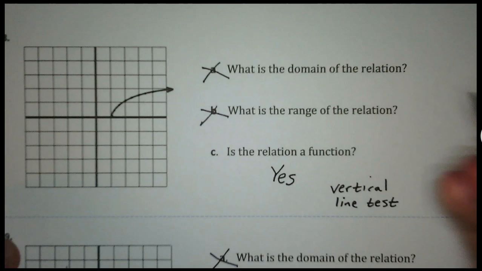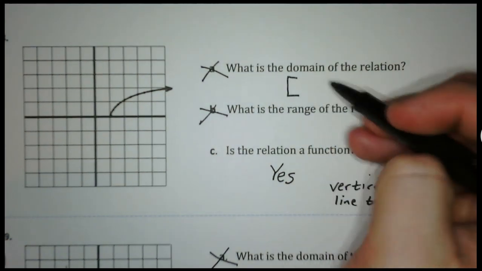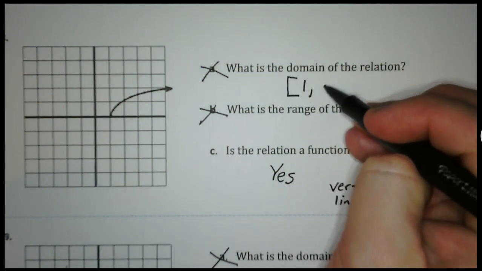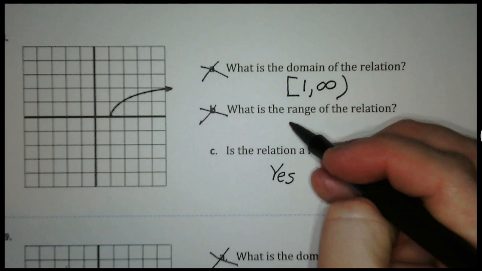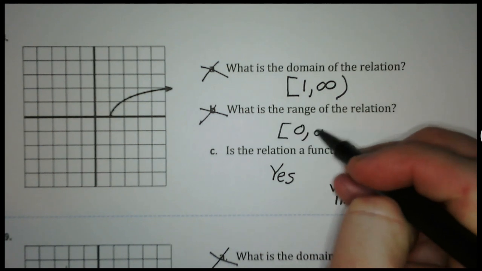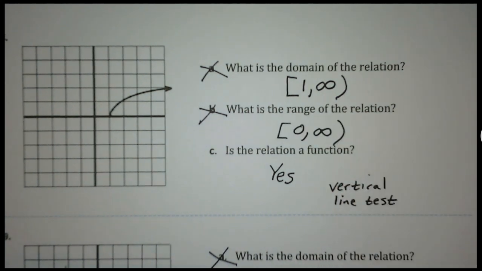The domain on this guy is 1 to positive infinity. In other words, all x values greater than or equal to 1. That's another way you could have written the answer. And the range is from 0 to infinity. In other words, all y values greater than or equal to 0.